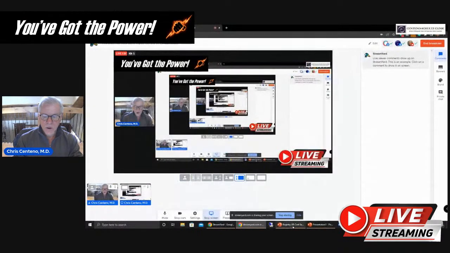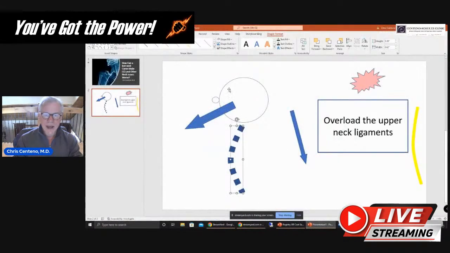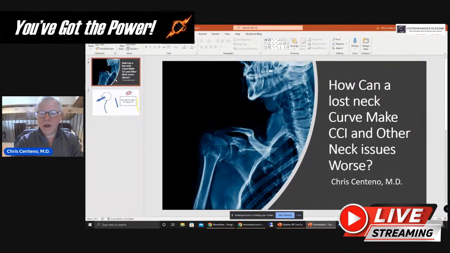So let's go to the topic, which is how your neck curve or cervical lordosis can affect lots of different things, including CCI. So let me go ahead and start this and just share my screen. Okay, so instead of starting with a didactic lecture, we're going to start with just a PowerPoint slide so I can move things around a little bit.